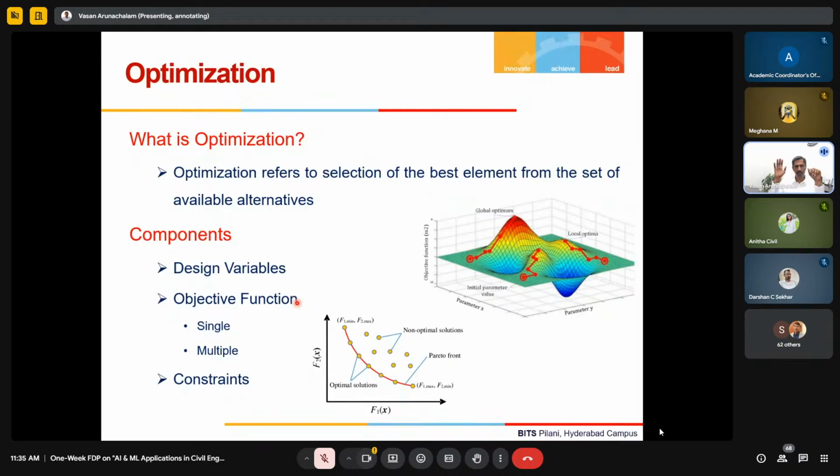So 2 pi r h plus 2 pi r square is the total surface area of making the tin. If I multiply that with the cost of the aluminum sheet, I will need to minimize that construction cost. That is how I frame a model for an objective function.